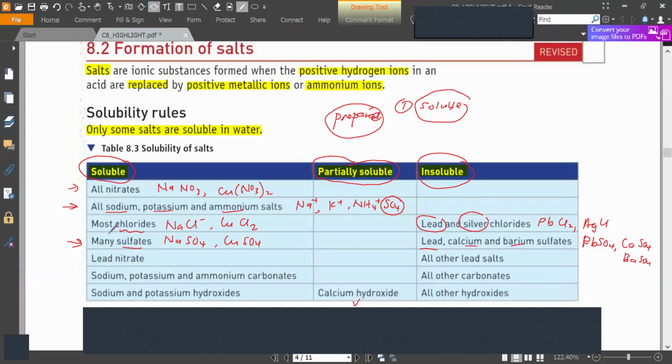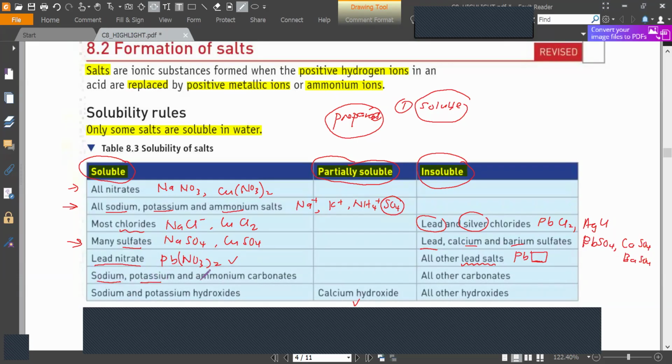Lead nitrate is soluble. All other lead salts, everything else, are insoluble. So lead anything is insoluble except for lead nitrate.